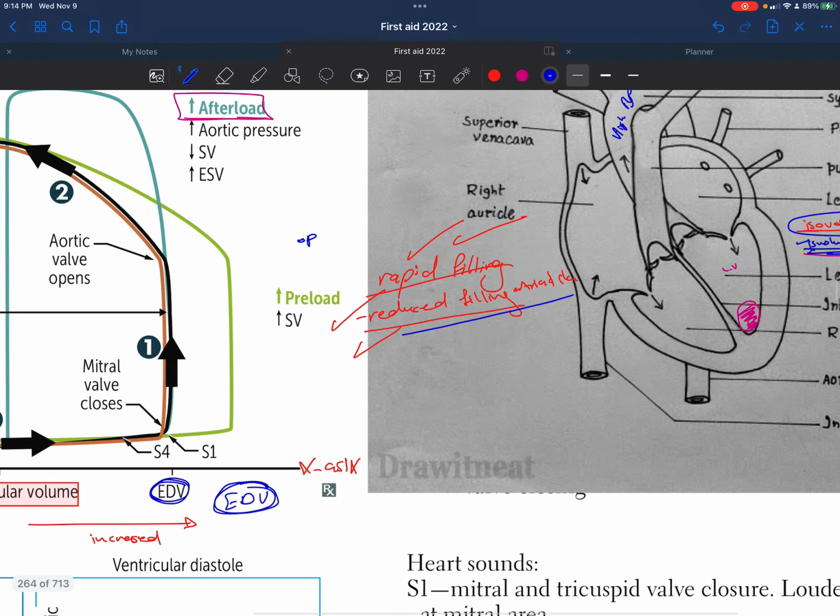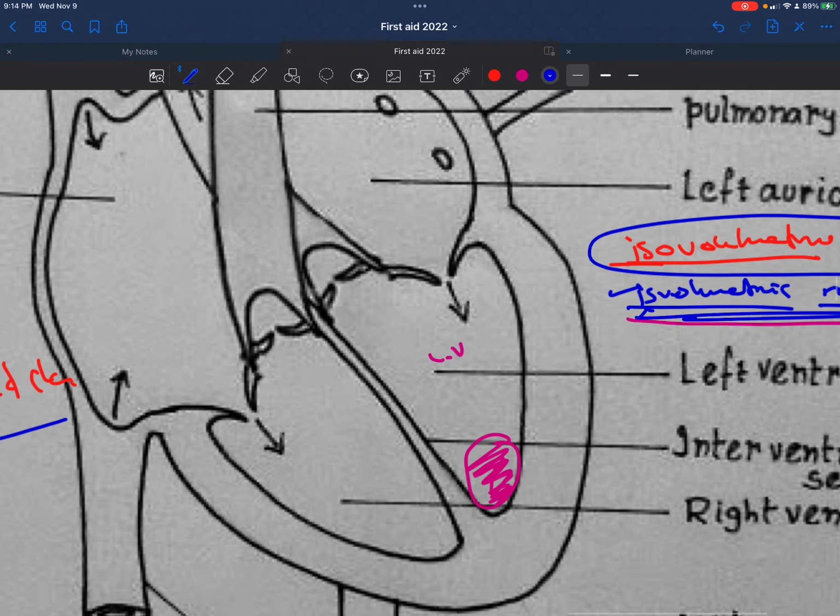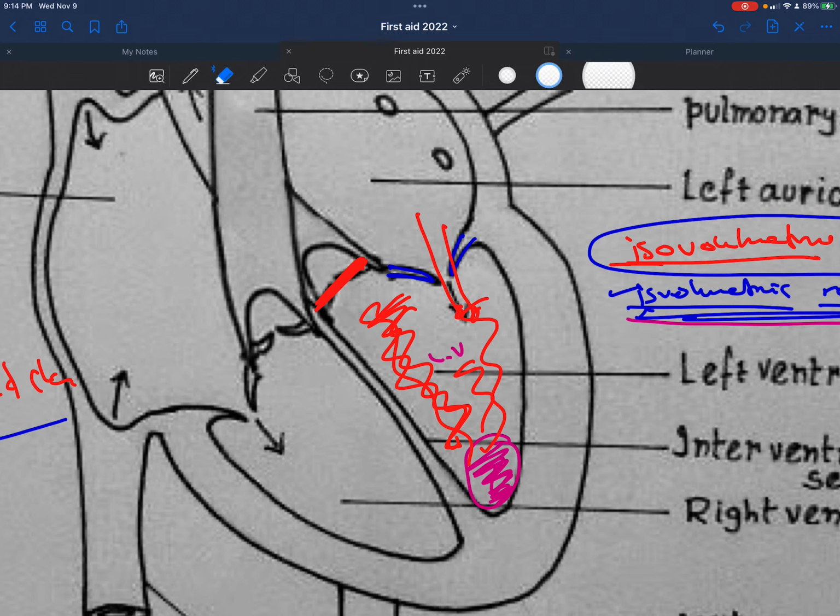So the blue line starts by opening the mitral valve and allowing the blood to flow into the left ventricle, until the left ventricle fills to a point where it needs to open the aortic valve, which was closed. So now the left ventricle needs to open the aortic valve.